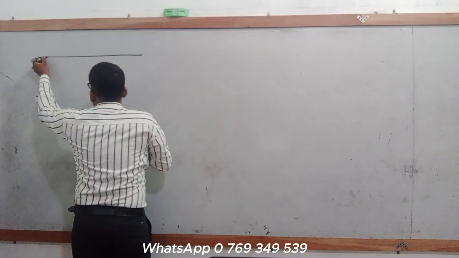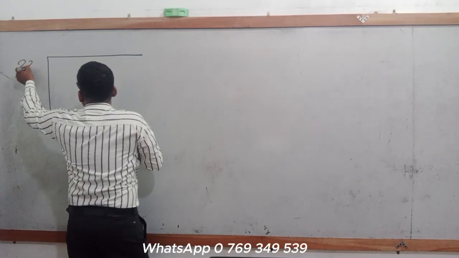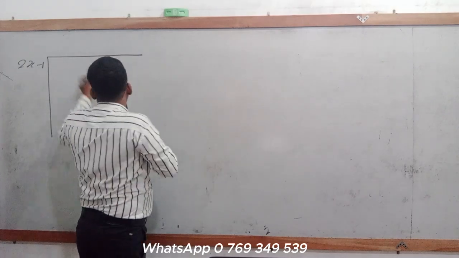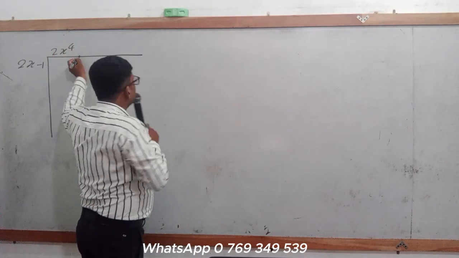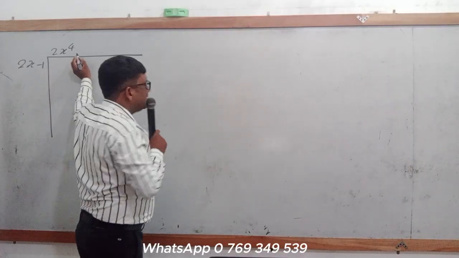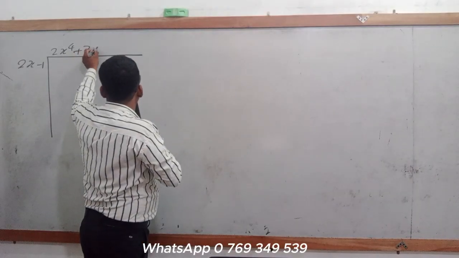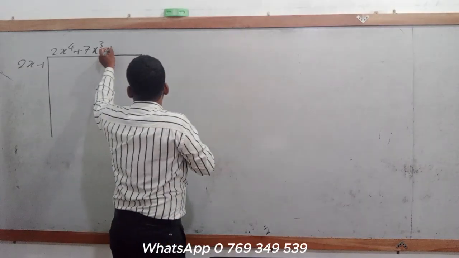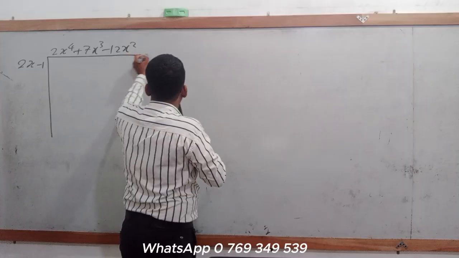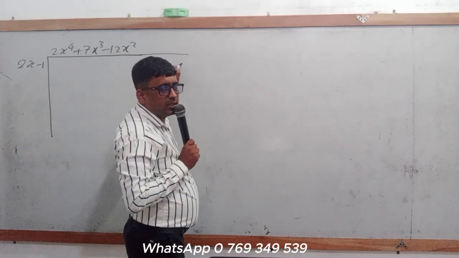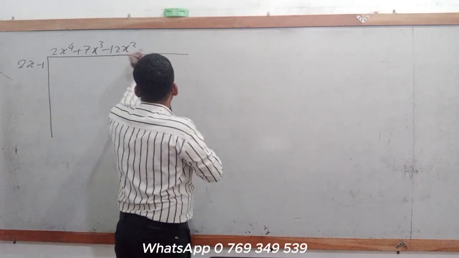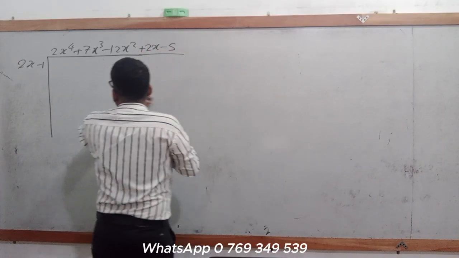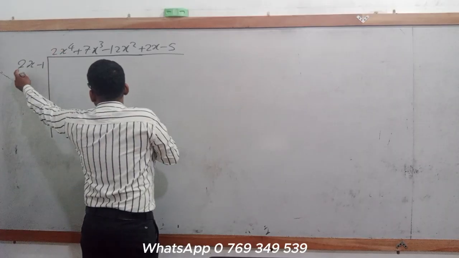Yes, we can say that this is 2x minus 1, but we have to divide 2x^4 plus 7x cube minus 12x square plus 2x minus 5. Now we can divide this one by this one.